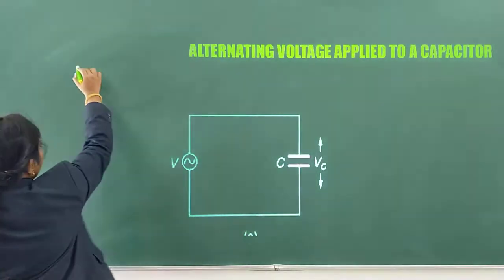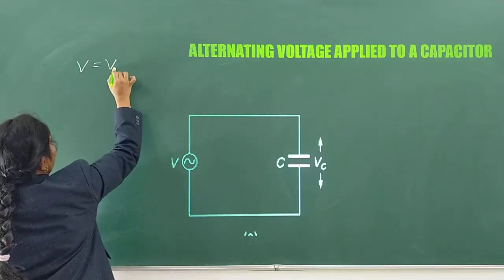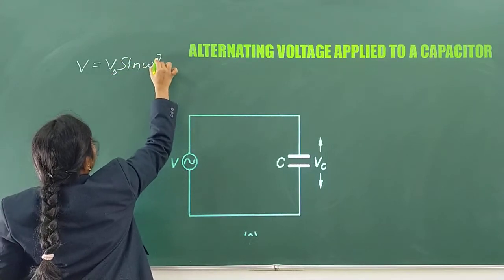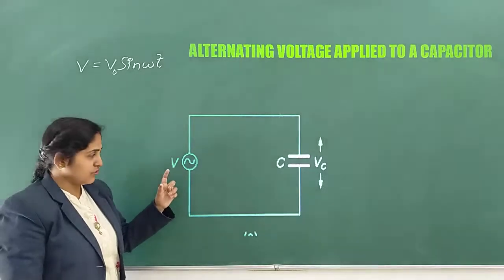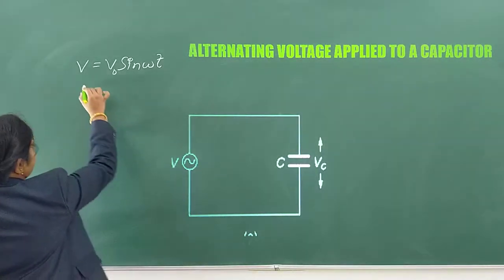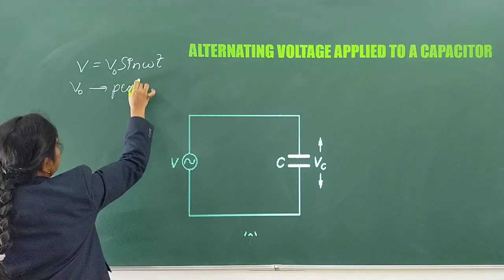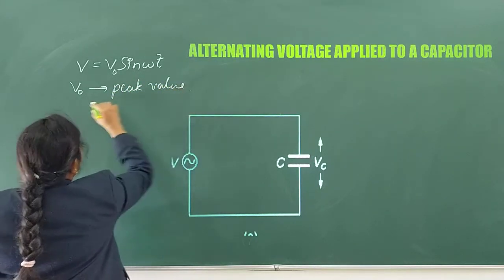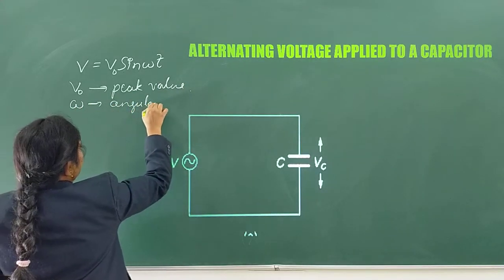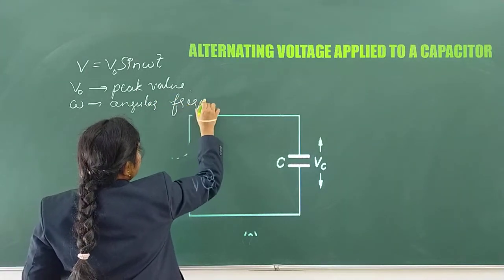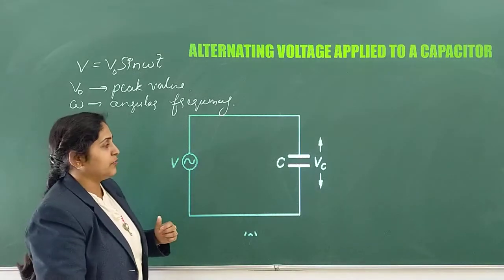consider voltage. Let V be the voltage, V equals V naught sin omega t, the input voltage or voltage of the source given. We know V naught is the peak value or amplitude of voltage, and omega is the angular frequency.